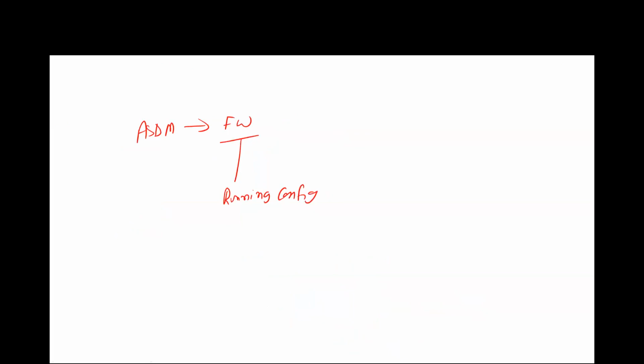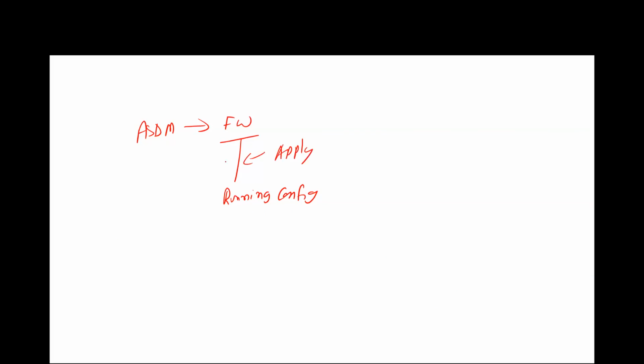Same as in your router, you have two types of configurations: running configuration and startup configuration, right? So when you are doing it from ASDM and you say apply, that will be sent to the running configuration.